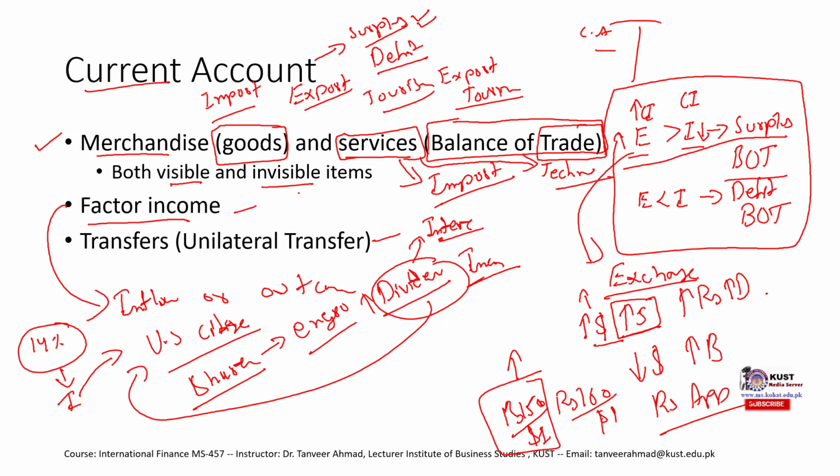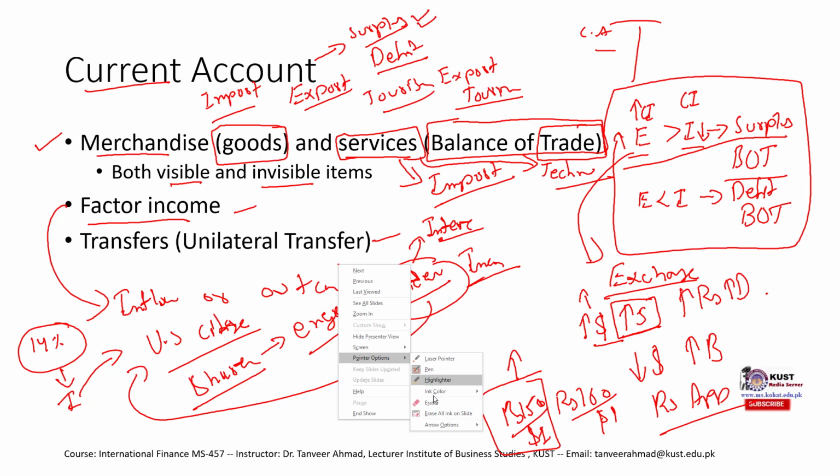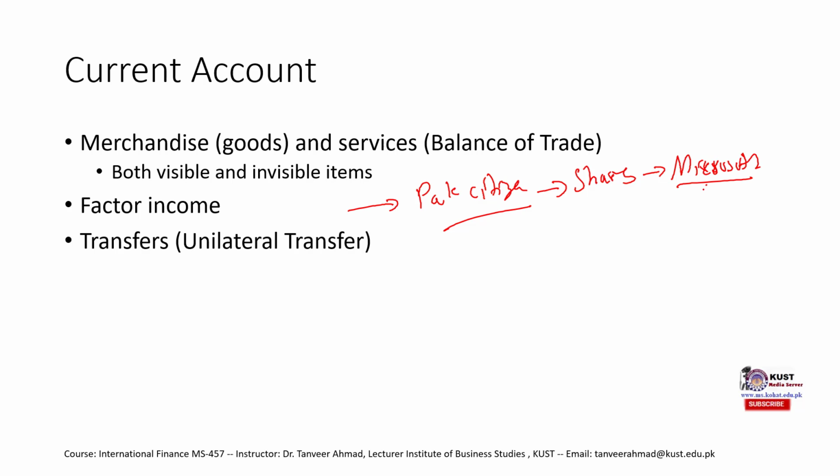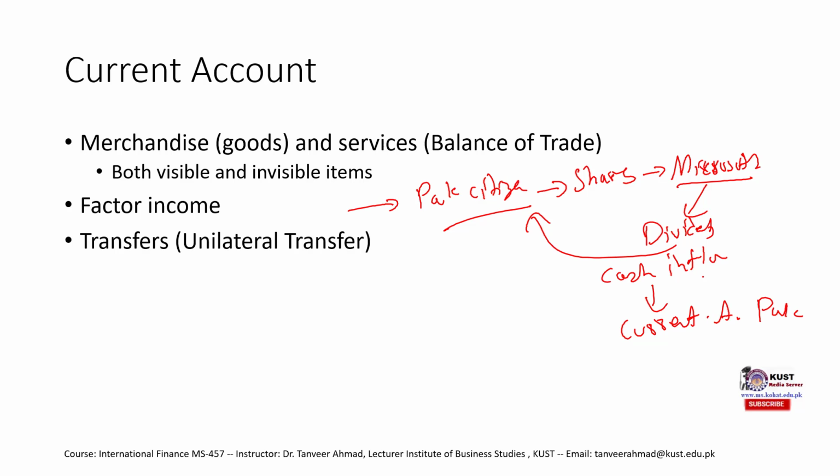In another scenario, if for example a Pakistani citizen bought some shares of, say, Microsoft, then Microsoft paying the dividend to this Pakistani citizen would be a cash inflow in the current account of Pakistan, but it would be a cash outflow in the current account of the US.